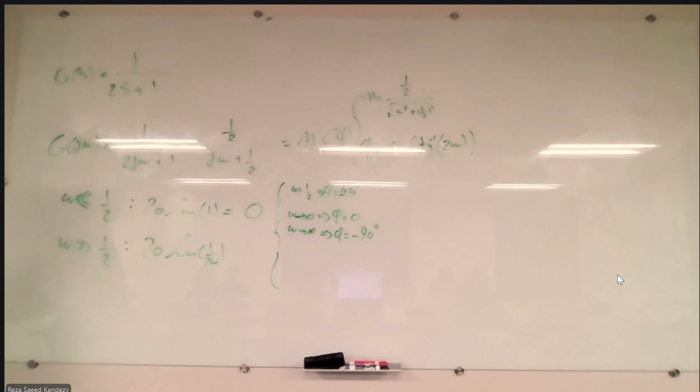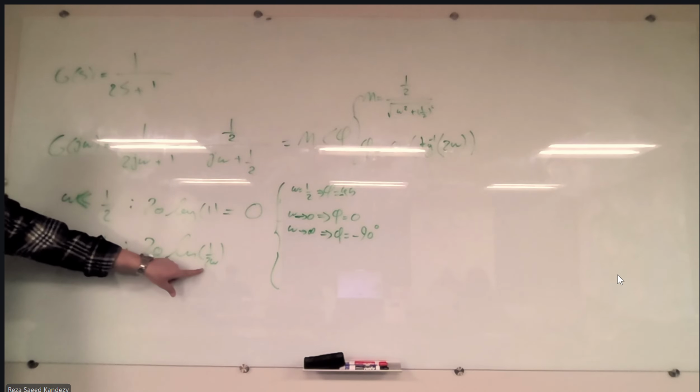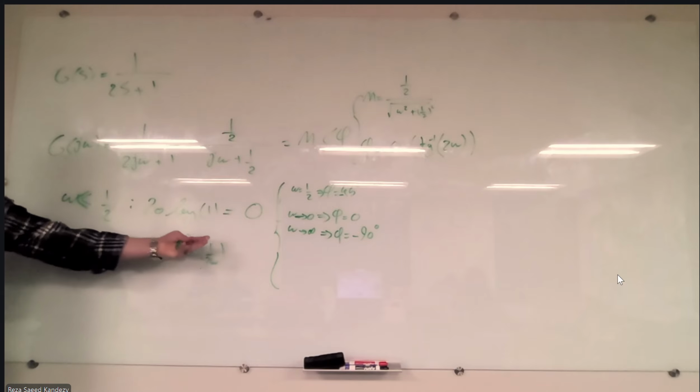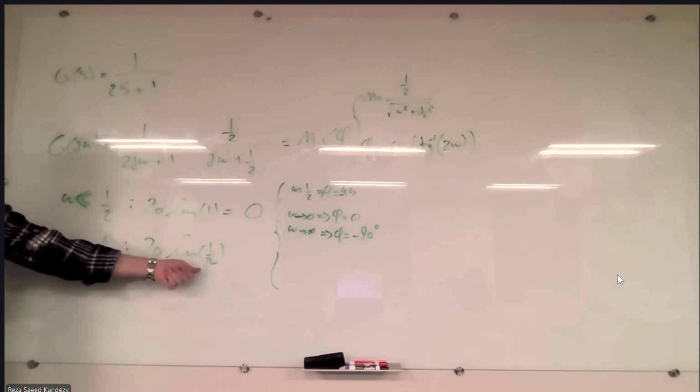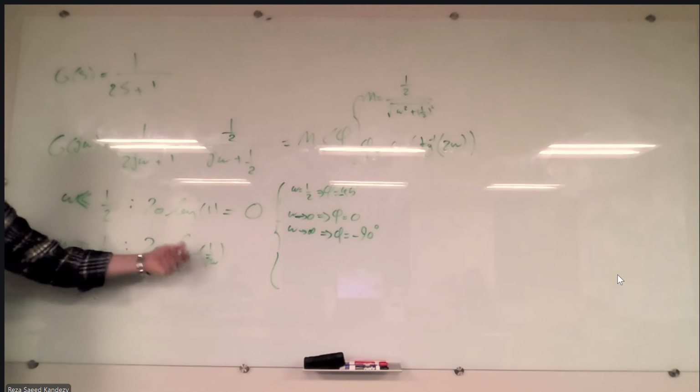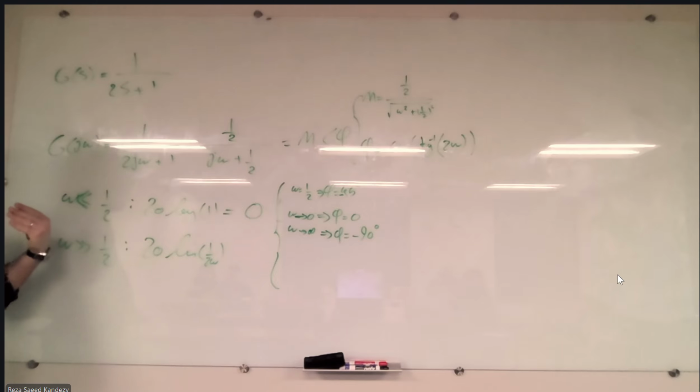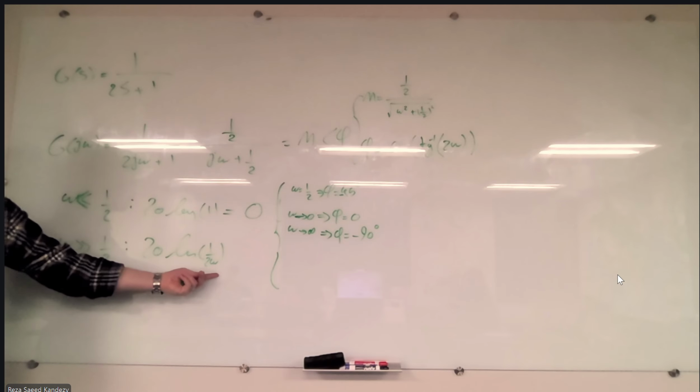Are we good? Now, if we have 1 over 2 omega, how can we bring that 1 over 2 part outside of the log? What's going to happen to that? We can simply divide these two, okay?